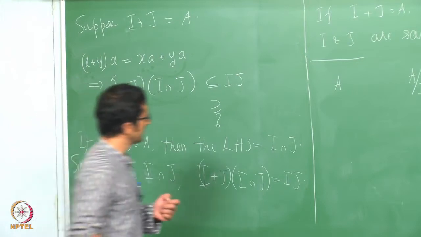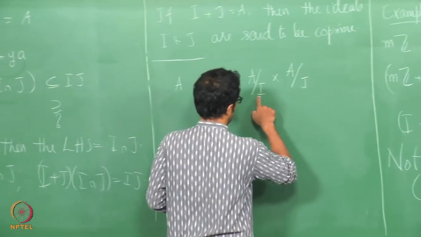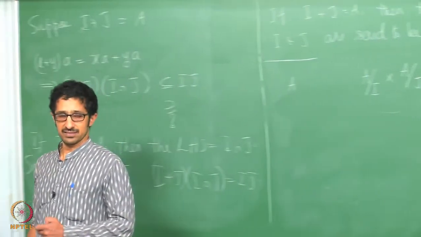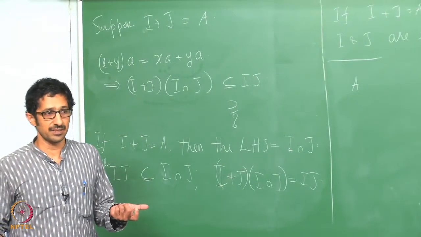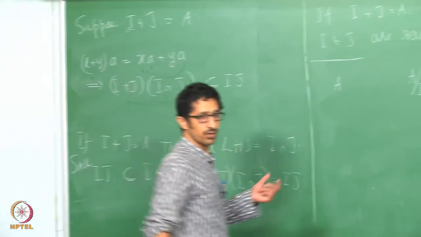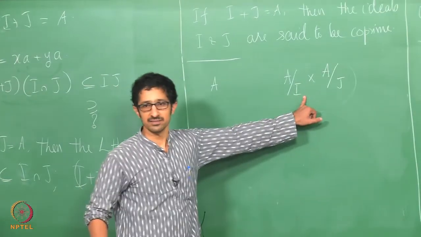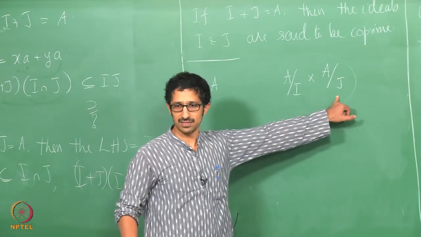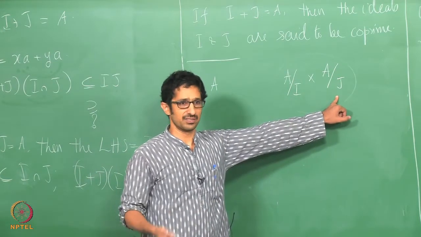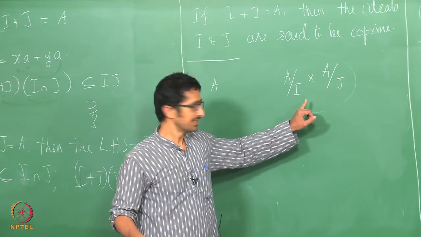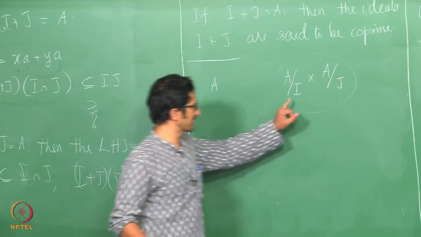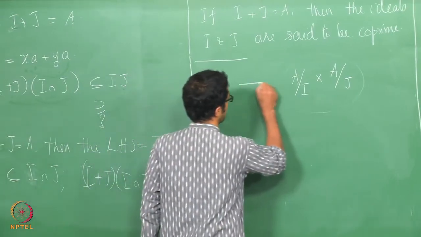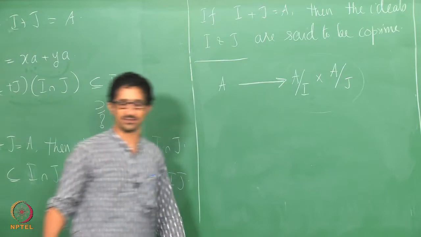So this is a commutative ring, and what is the identity element of this ring? 1 comma 1, right, or 1 bar comma 1 bar. Bar denotes the corresponding equivalence class. So this is a commutative ring with identity, and there is a natural map from A to this ring.